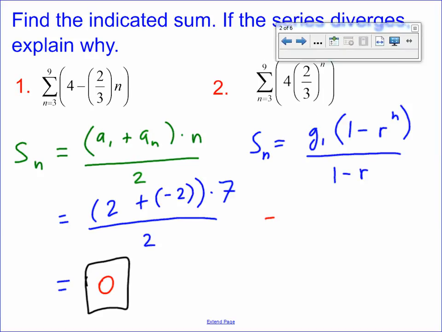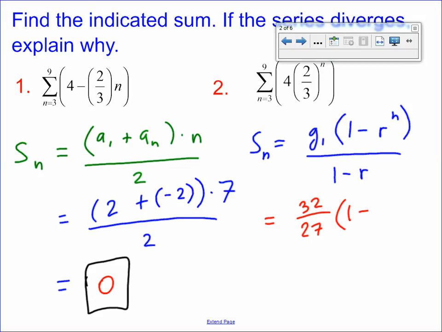Let's go ahead and do that. So 3 in for n, 2/3 to the third power is going to be 8/27. Is that right? 8/27. Anytime I want to calculate now, I'm 4, so 32/27.